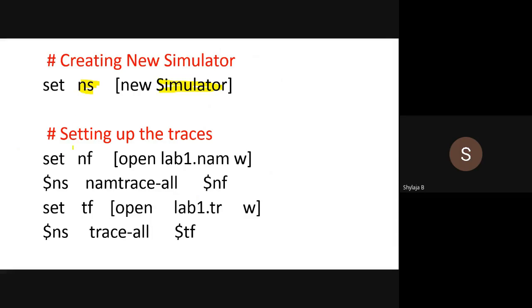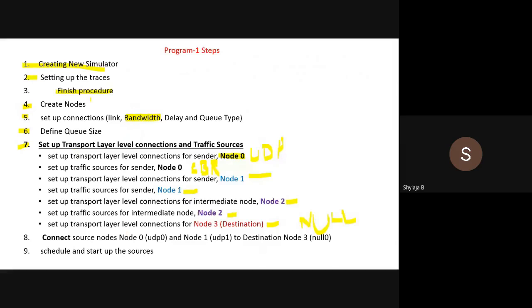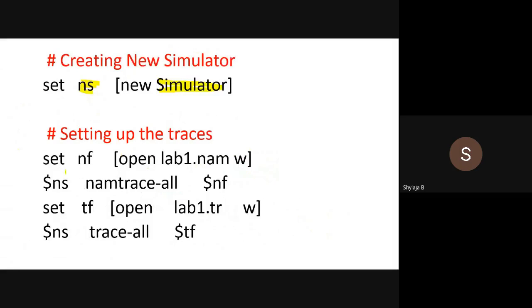Next, the second step. As you can see here, for each of the steps we have written code now. Setting up the trace files we have to set up now. For that, we have these four statements. The first one, set nf open lab1.nam in write mode. Here we have to create one animation file, because we have to run the animation. So we are creating an animation file with the name lab1.